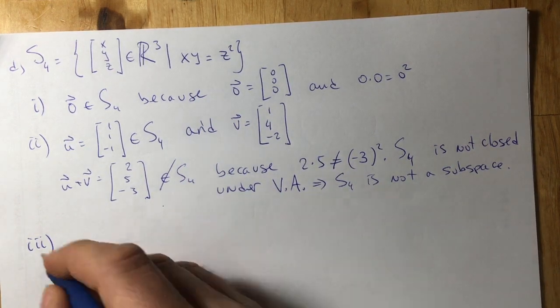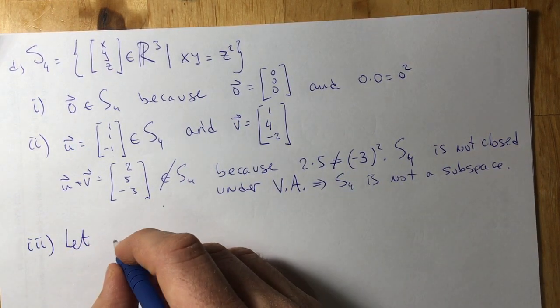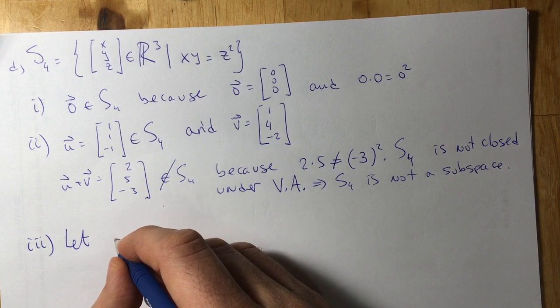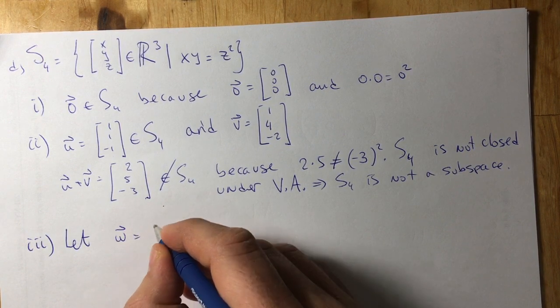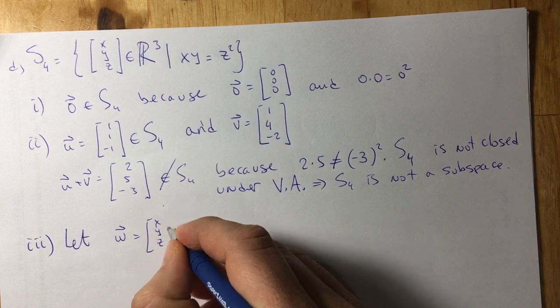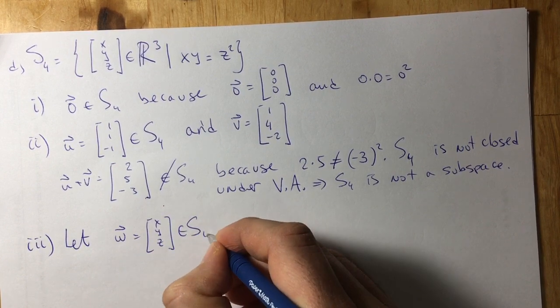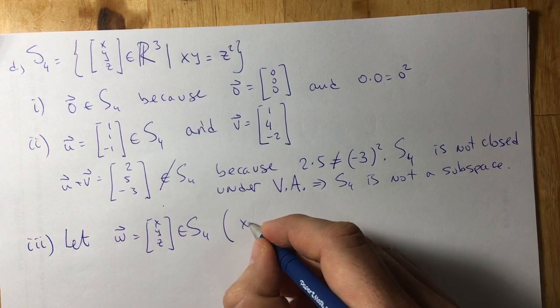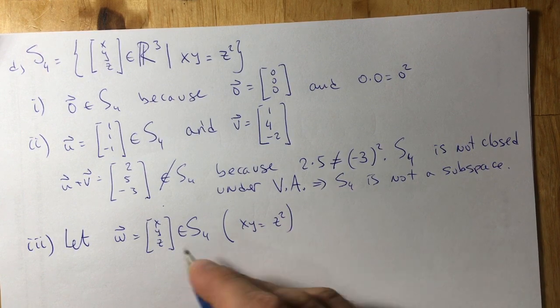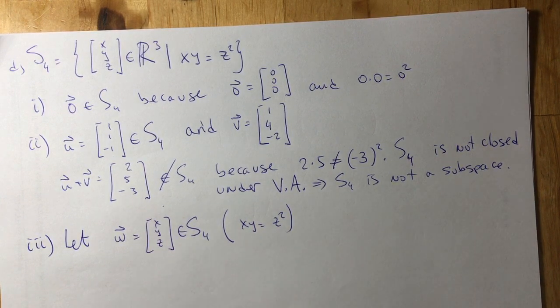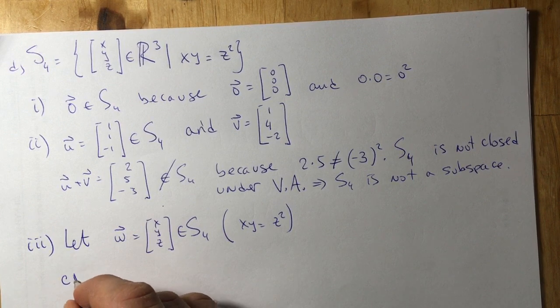So let's show that. Let some vector w be equal to xyz, which indeed belongs to S4, which means that xy is equal to z squared for this general vector, and then multiply w by c, you get cx, cy, cz.